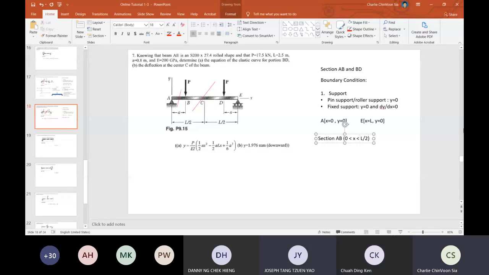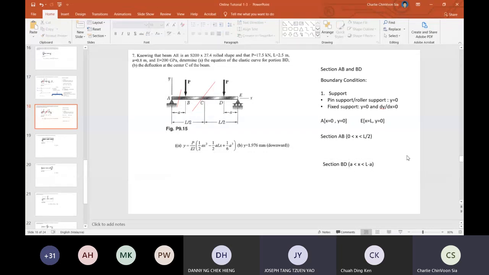Section BD will be from x equals A to L minus A. Okay, like this. So L minus A. So section BD. Okay, so two sections, right?